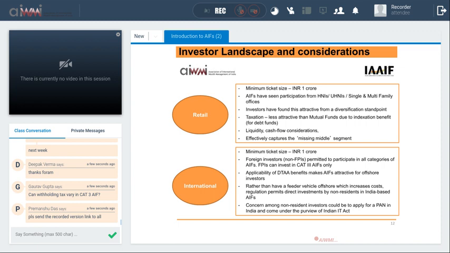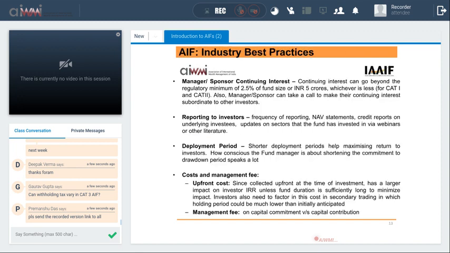However, if an investor is directly investing into an AIF from abroad, they will require a PAN card, which is why mostly when you're investing capital from outside into an AIF in India, we generally pool it at either Mauritius or Singapore or Cayman, and then you route the investment into India, so that ensures that the investor doesn't need to even have a PAN card while investing into an AIF.